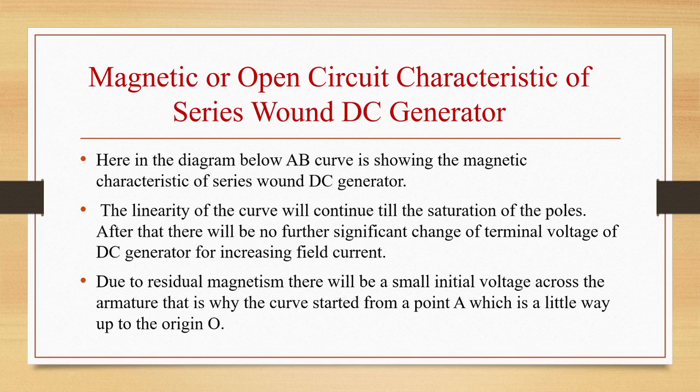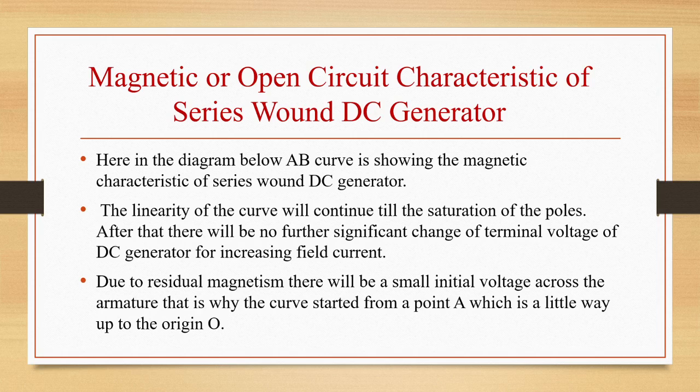What is residual magnetism, students? Residual magnetism is a term used because in self-excited generators, the excitation is taken from the generator itself. Without connecting any external source, already inside the DC machine some amount of flux will be there.